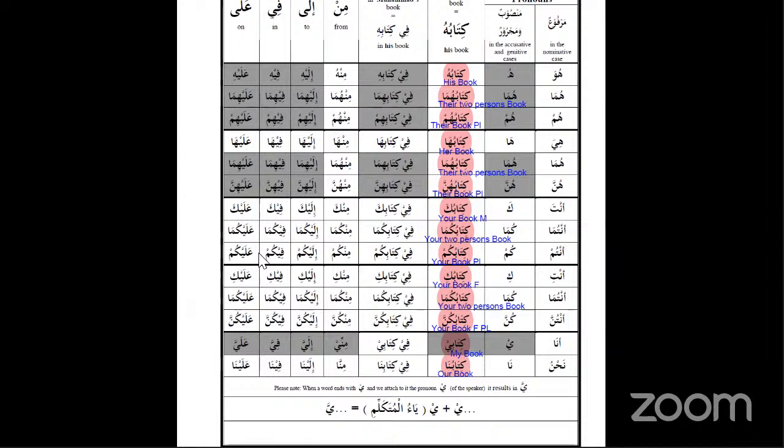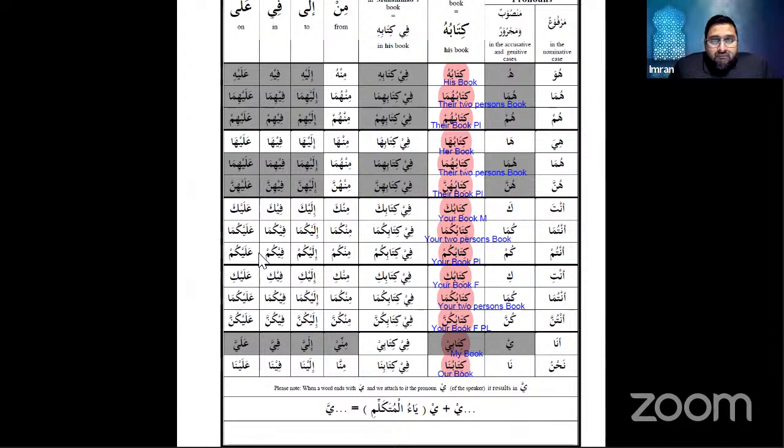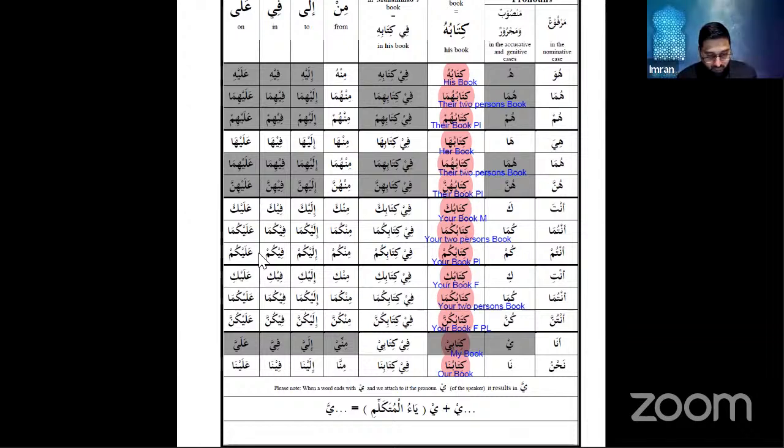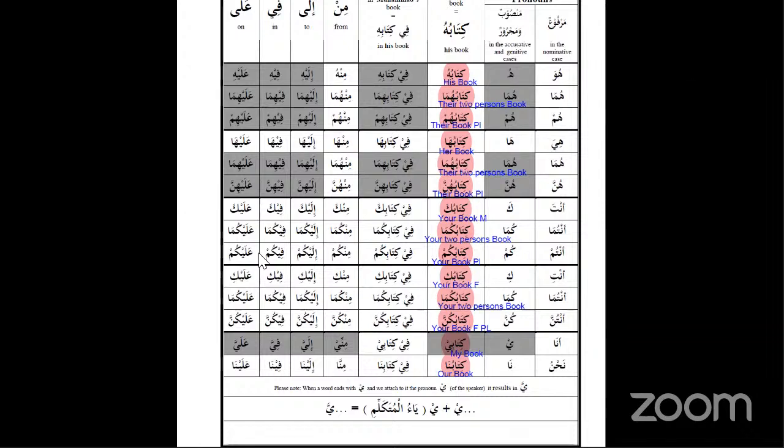Kitabuhu, his book. Kitabuhuma, their two-person book. Kitabuhum, their book, plural. Kitabuha, her book. Kitabuhuma, their book, two-person. Kitabuhunna, their book, plural. Kitabuka, your book, male.